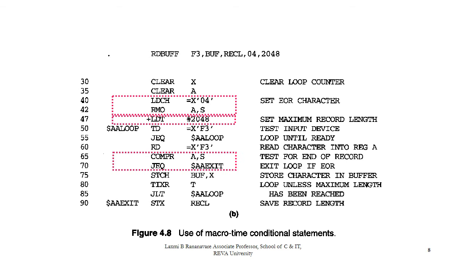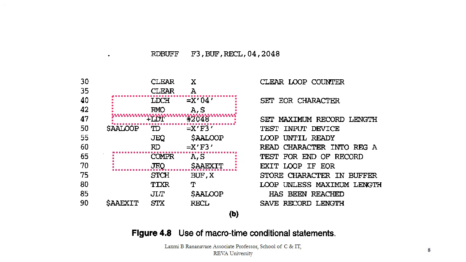The first instruction is clear X, then clear A, then LDCH 04. That is, we set the character 04, which is stored in the accumulator. 04 is the fourth argument, the end of record.